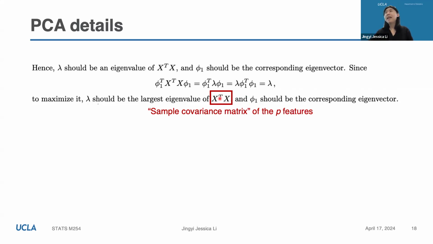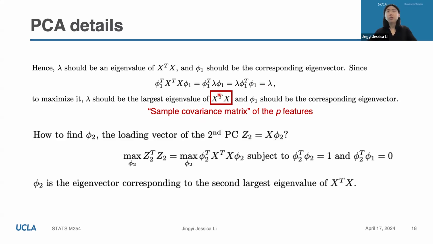Because we have already centered each column to have mean zero and standardized each column to have standard deviation 1, I can even call this the sample correlation matrix, because once the standard deviation equals 1, variance becomes correlation. I'm not writing down the detail, and there are a lot of steps to fill in, but I hope to give you the general idea of why PCA is basically doing eigen decomposition on this X transpose X.